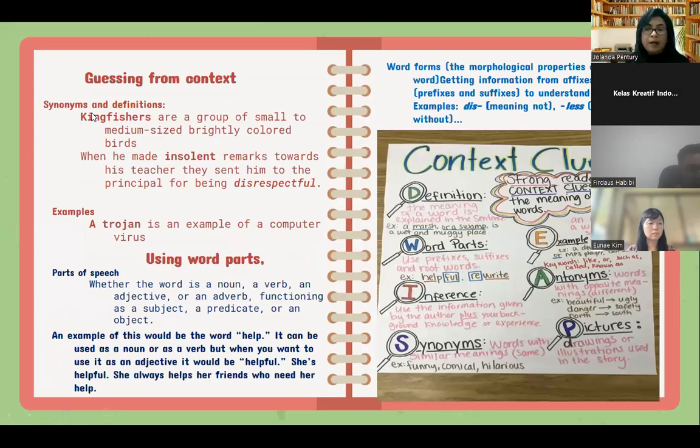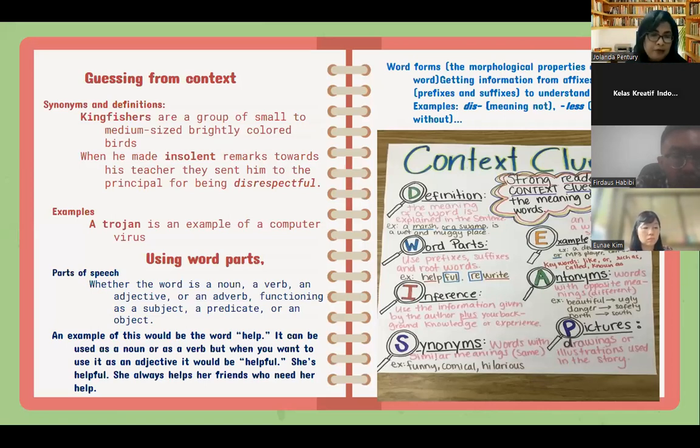Here are some examples. Guessing from context, we can use synonyms and definition. Can you read, Bapak Ibu? Is it too small, the words? Okay, readable. So Kingfisher, we don't know it, that is the new one. When we give the definition, Kingfishers are a group of small to medium-sized brightly colored birds. So Kingfisher is a small bird.